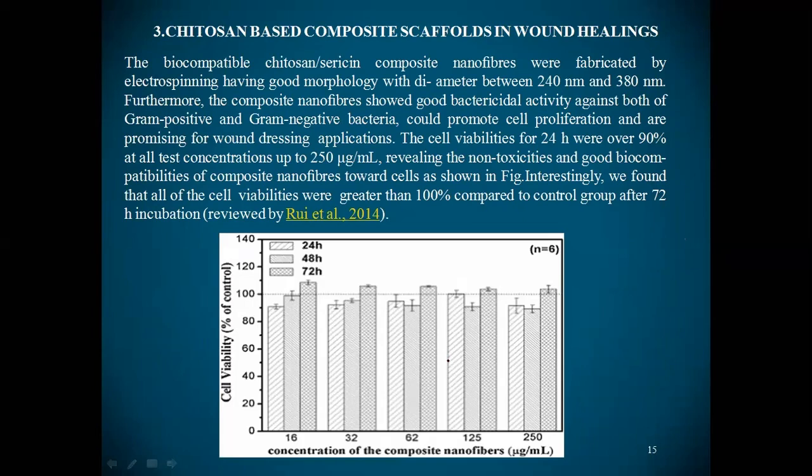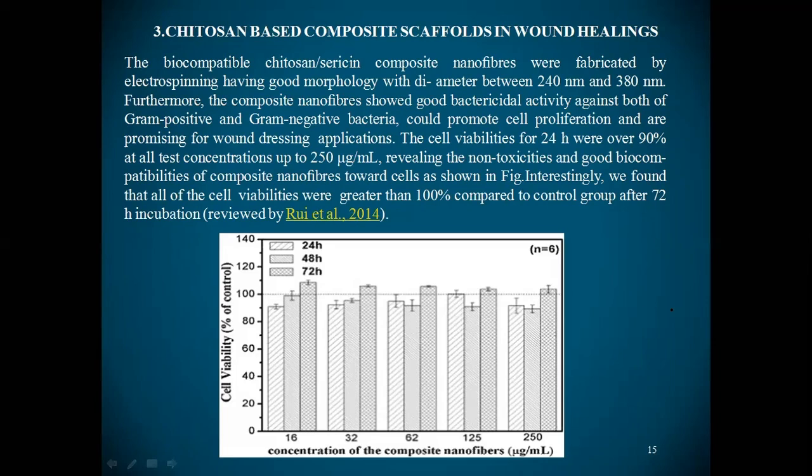The chitosan based composite scaffolds in wound healing. In that study, chitosan and a serine composite of nanofibers are prepared by the electrospinning method. On the x-axis is the concentration of the composite nanofiber in micrograms per ml, and on the y-axis the cell viability as a percentage of control.